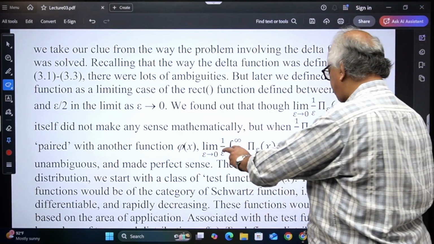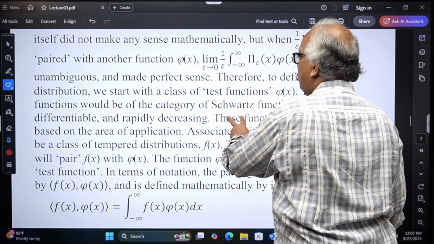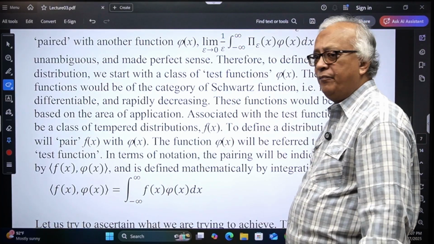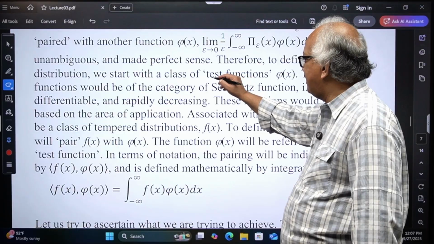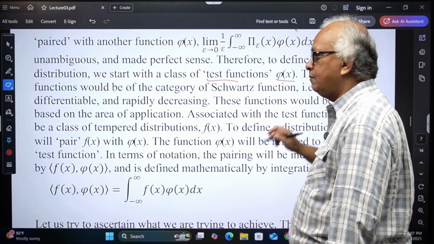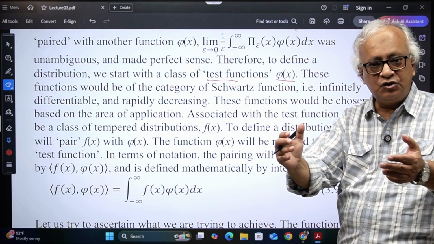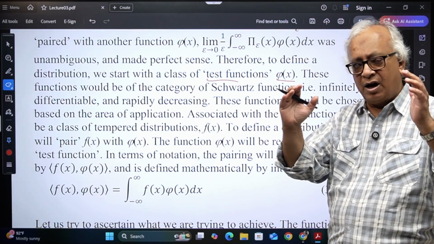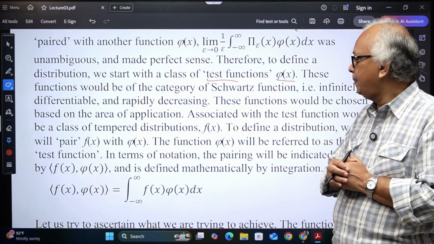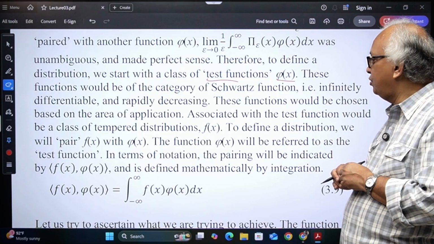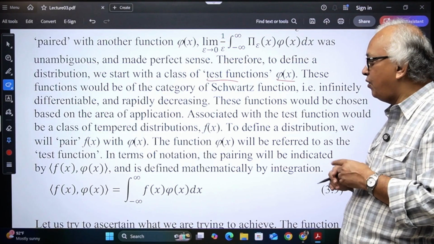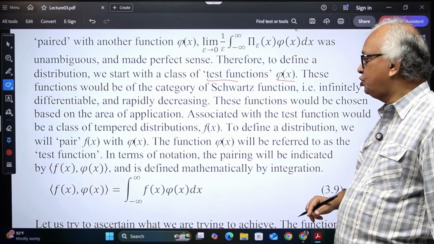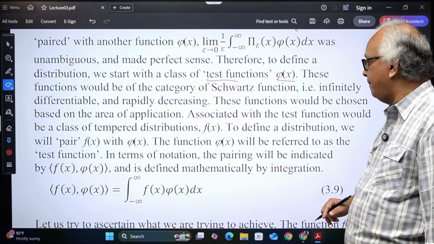Okay. Therefore, to define a distribution, here's the thing. To define a distribution, we start with a class of test functions phi. আমরা আমাদের distributions develop আরম্ভ করেছি. We come up with a class of test functions phi. These functions would be in the category of Schwartz functions, that is infinitely differentiable, rapidly reducing, and these functions were chosen based on the area of application.